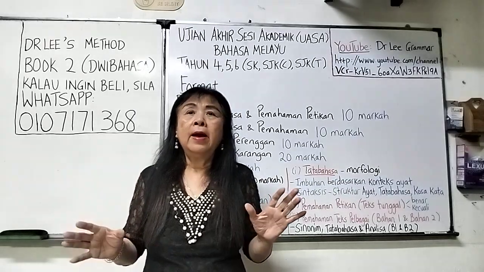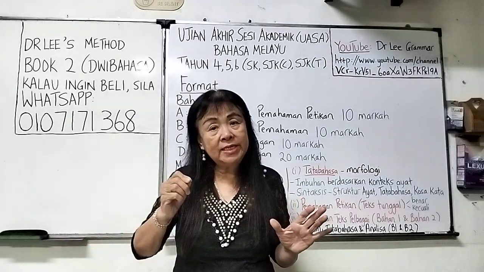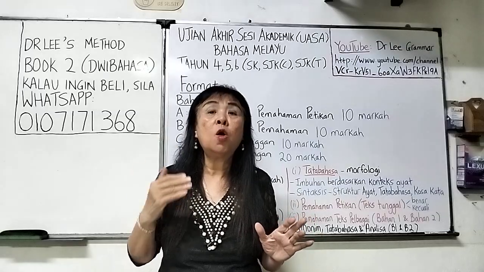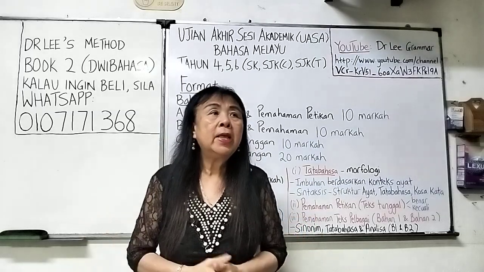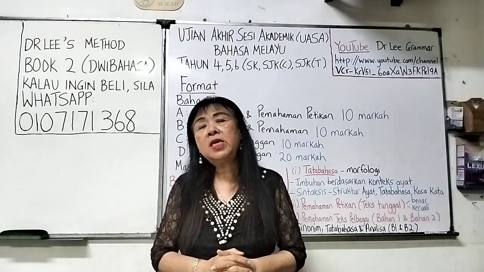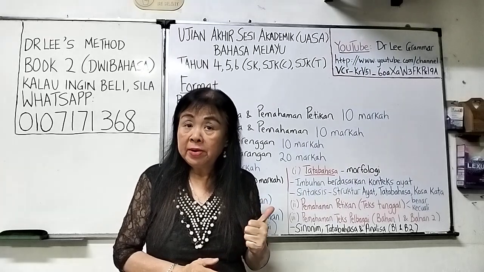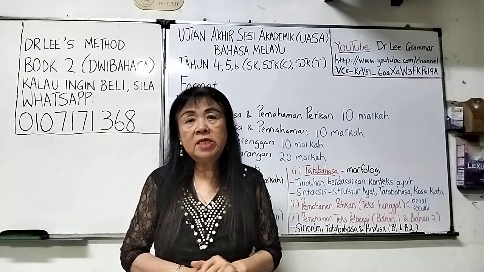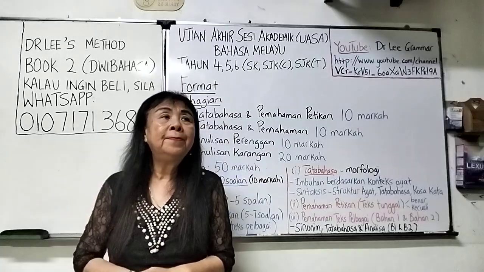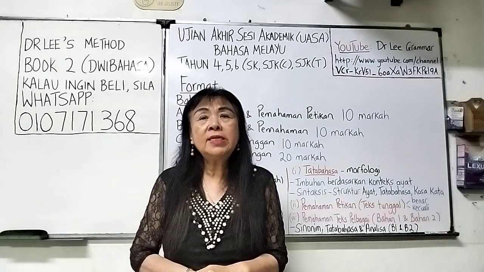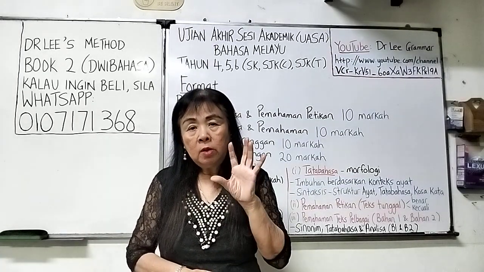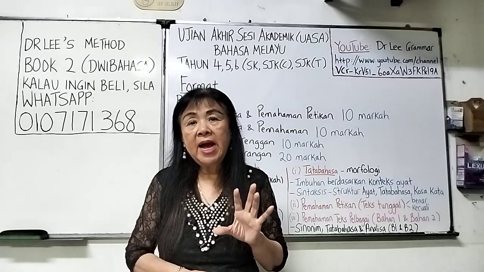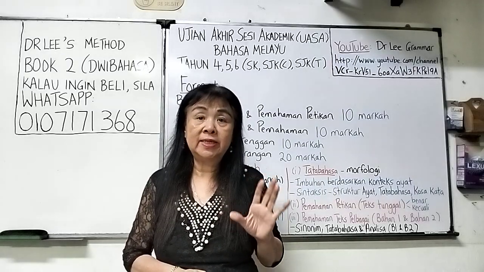And it is purely based on writing and understanding, or what you call reading. Of course reading includes vocabulary, sentence structure and grammar. So this is what I'm going to discuss now. For this session, I will only focus on bahagian A or section A.